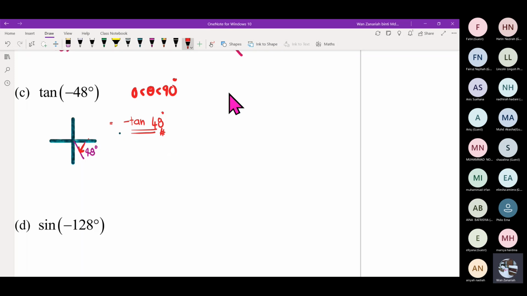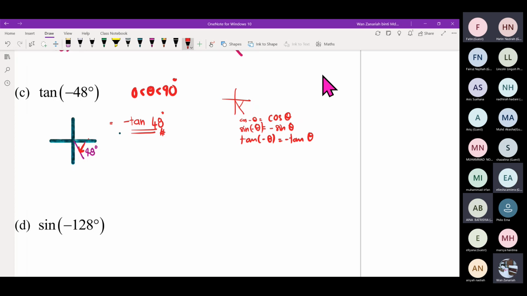That's what you saw in the notes. At the fourth quadrant, it says cos negative theta is equal to positive cos theta, meanwhile sin negative theta is negative sin theta, and tangent negative theta is basically negative tangent theta.